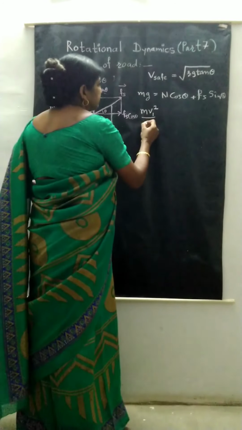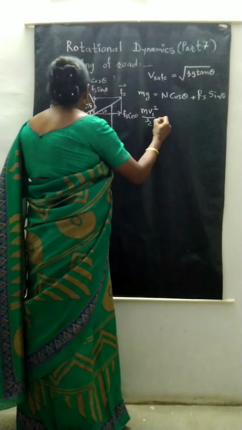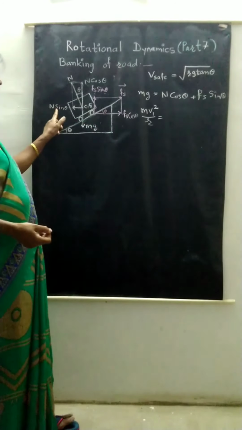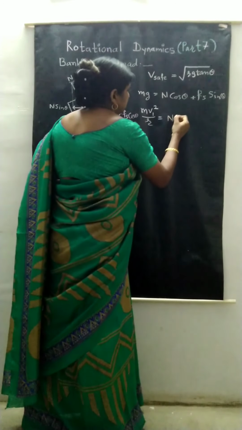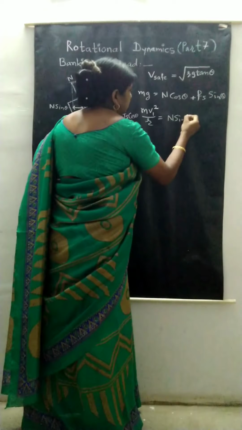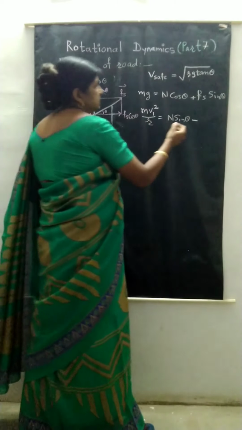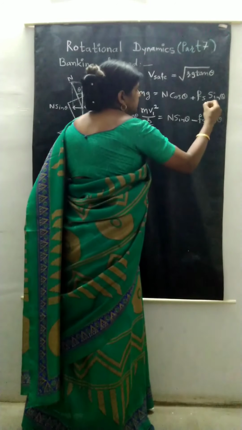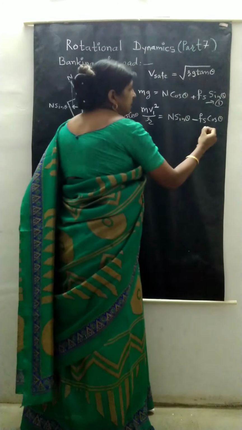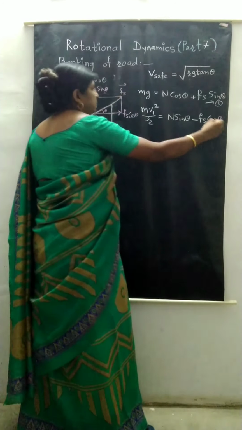So m V1 square upon r is equal to the subtraction of these two forces, N sin theta minus f_x cos theta. This is equation number 1 and this is equation number 2.